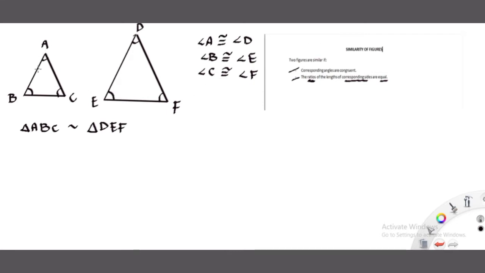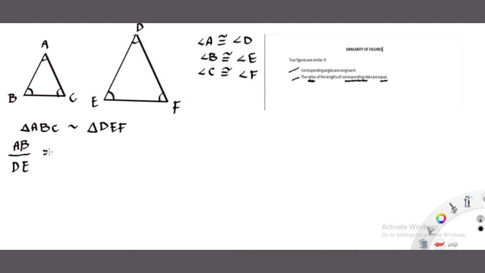So when we have this side, which is side AB, it corresponds to side DE. So let's write their ratio. Let me first write the side of the smaller triangle. So that is side AB, over its corresponding side in the other triangle, which is DE.